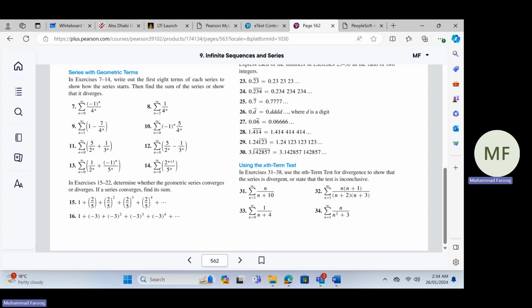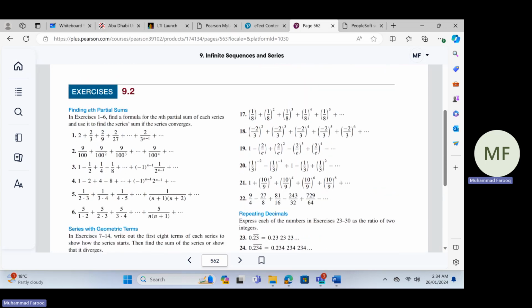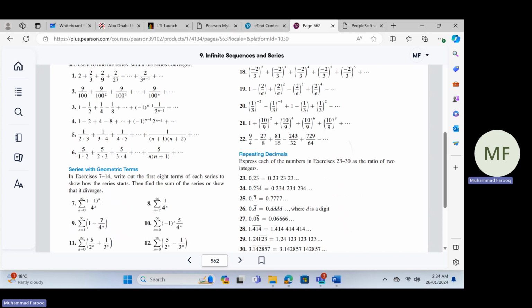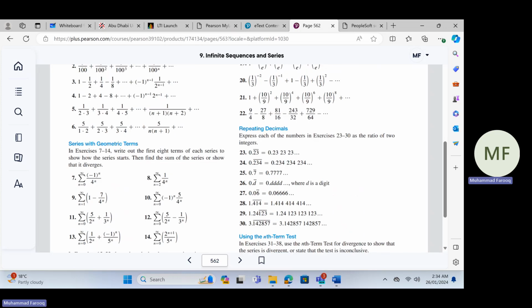You have to check for a geometric series, which we have done already. You divide the next term by the previous. If it is the same, it is R, and it's a geometric series. If the absolute value of R is less than 1, it converges; if more than 1, it diverges. It's not something new.